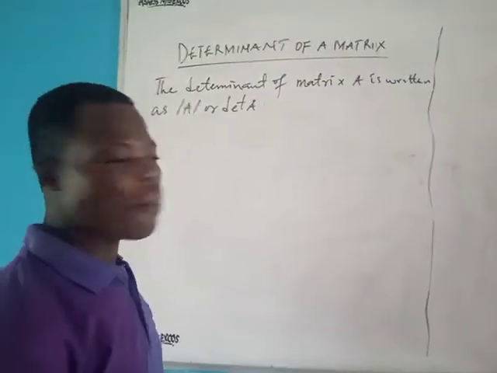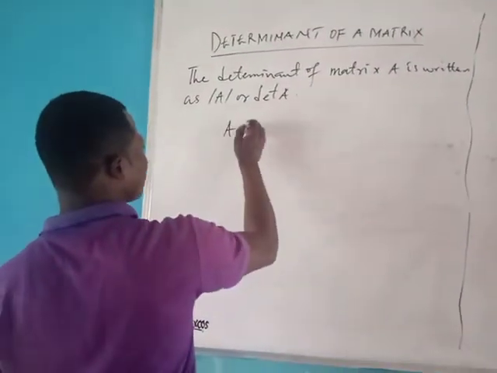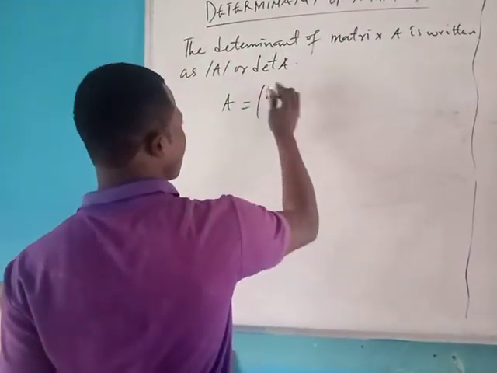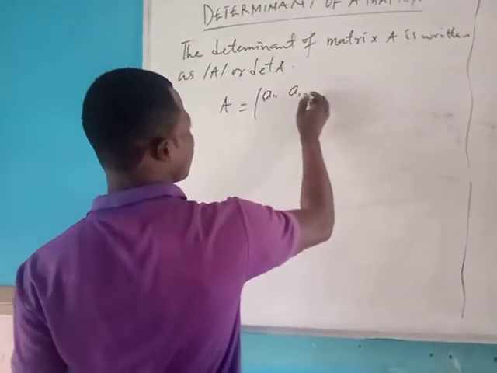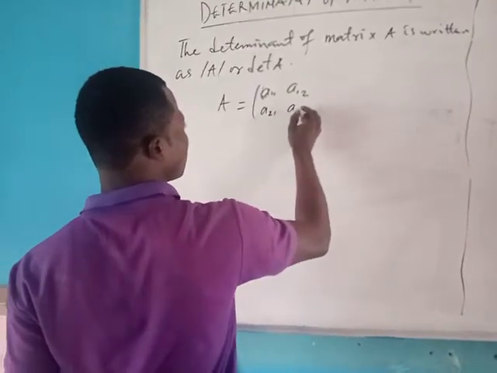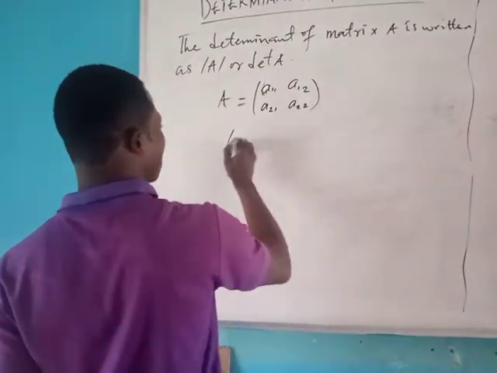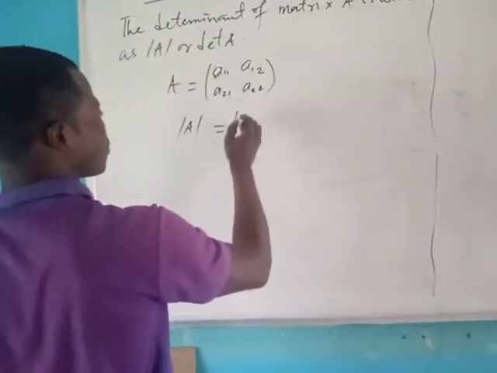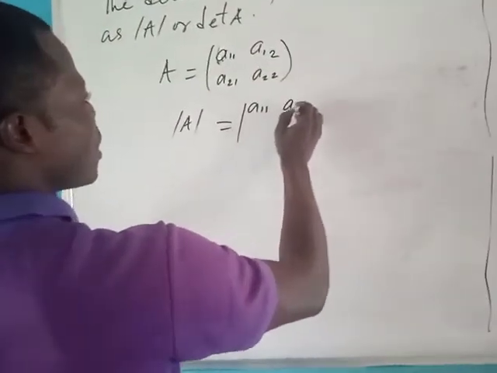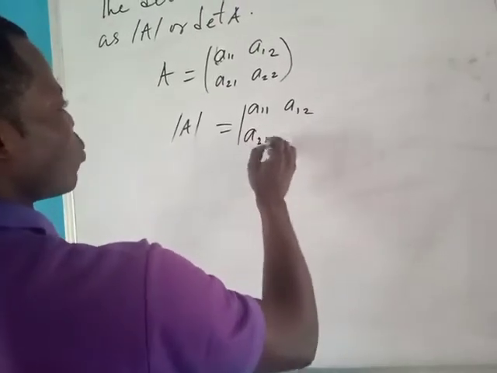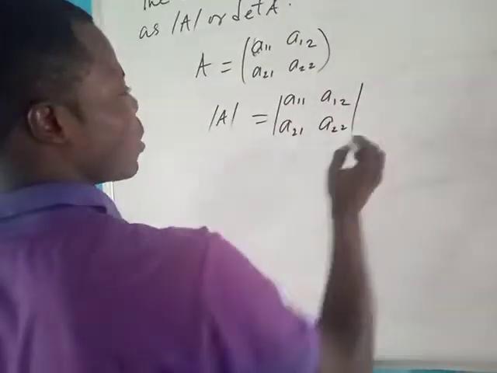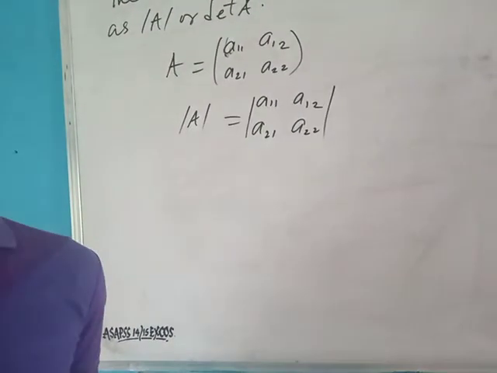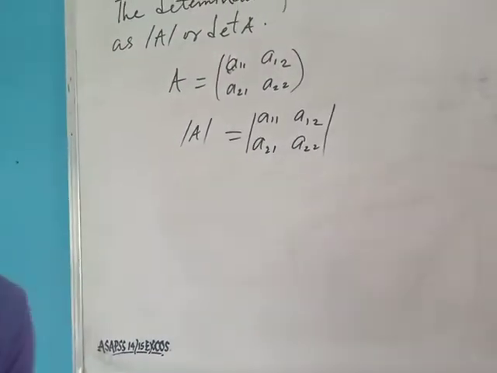Let's say you have a matrix A equal to a 2 by 2 matrix with entries A11, A12, A21, A22. So the determinant of A, you can also write it as the array A11, A12, A21, A22. Okay, so that is the determinant of a given matrix.